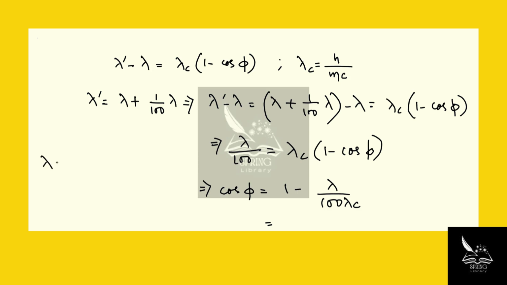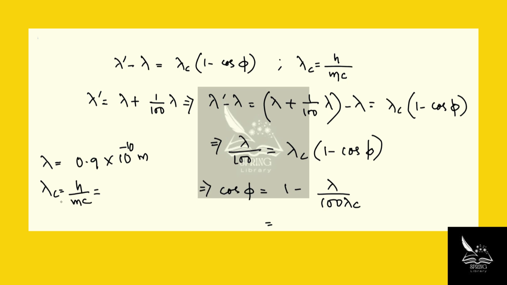So lambda is given to be 0.9 times 10 to the power minus 10 meter, and lambda c is equal to h over mc, and this as a whole is a constant, so you can use the value of the Compton wavelength directly, or you can choose to substitute h, m and c over here, substitute the values and then solve the equation.